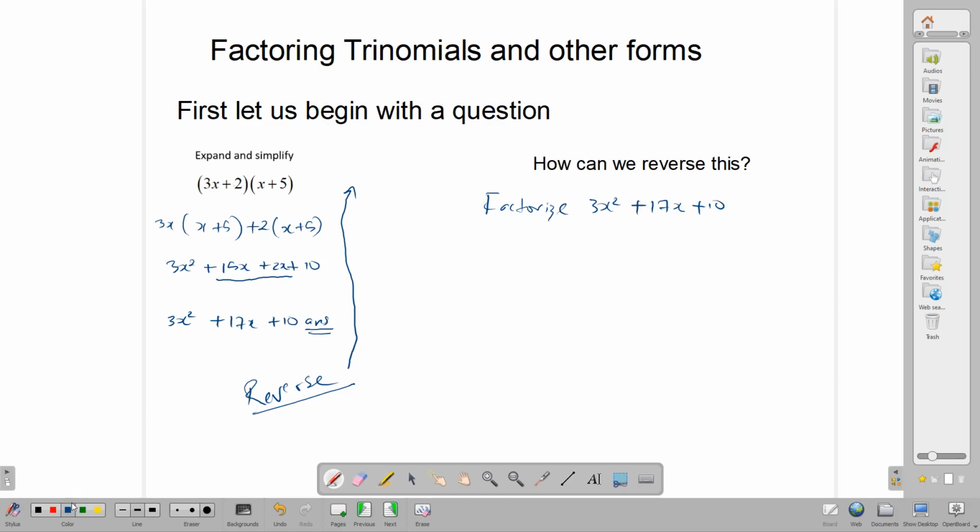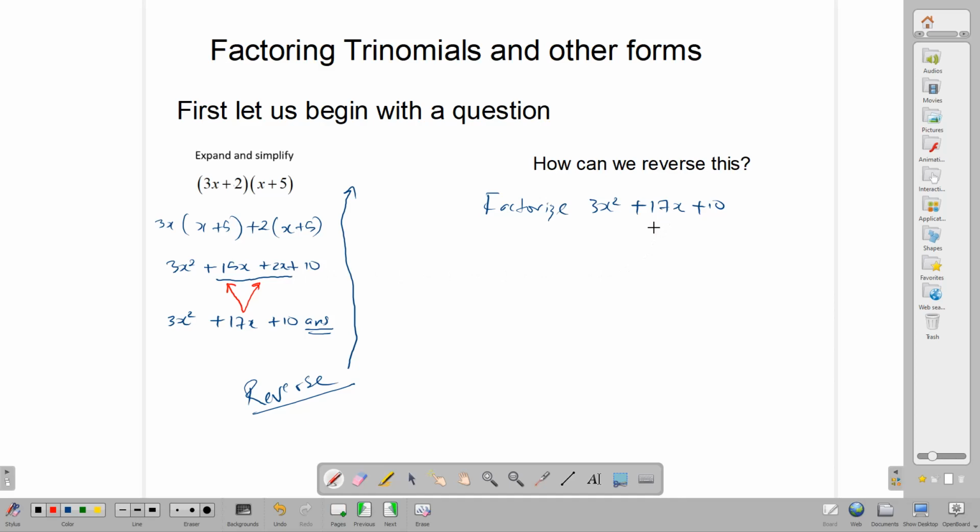And looking at this question, we can see that the first thing that happened in the process, in going backwards, is that this 17x got split into two terms, 15x and 2x. So we need to split this 17x into two terms.